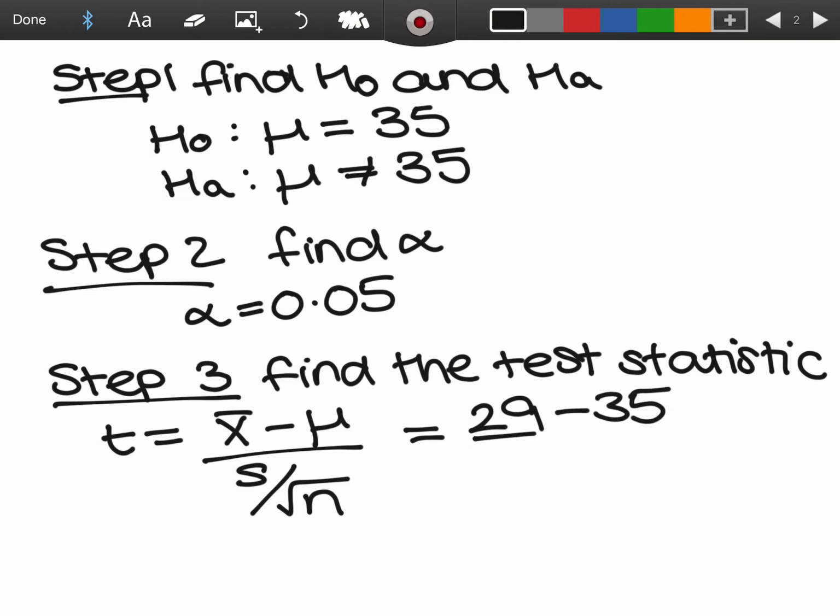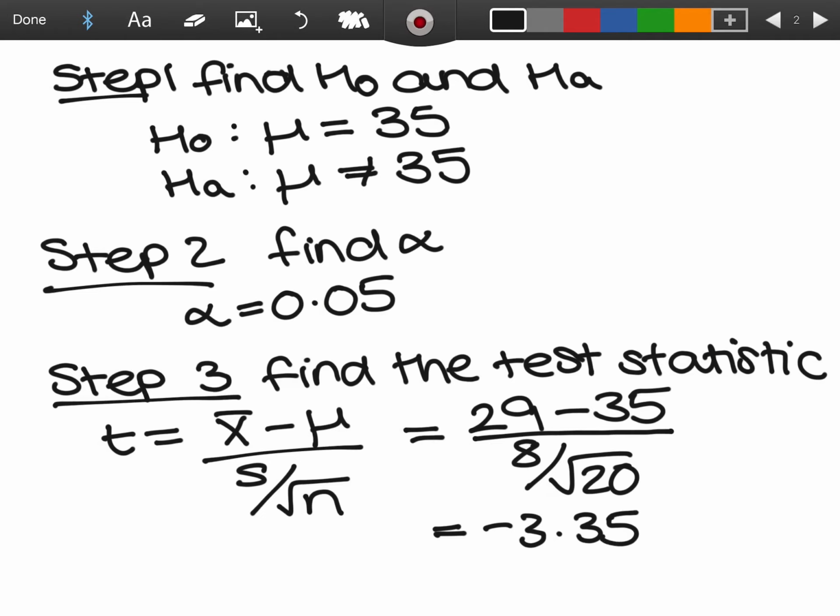The population mean was 35, the value that we initially thought it was. The sample standard deviation was 8 and the sample size was 20. If you work that out, your value is negative 3.35. Okay, so that is our test statistic value.